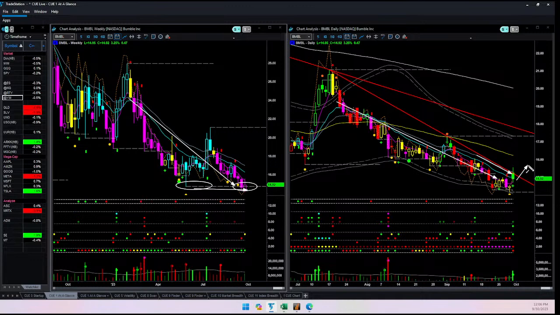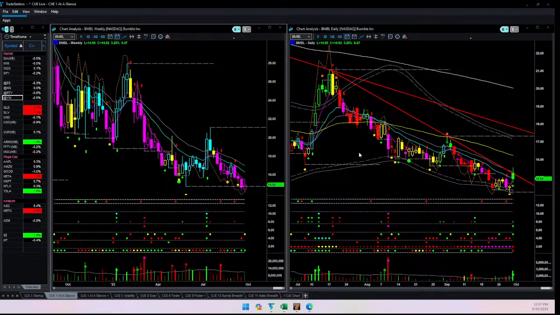I think if it breaks out of the daily trendline resistance, that will be a low risk buy point, BMBL. That pattern is what brought me to this stock, a high growth stock. We may keep an eye on this stock's industry also on Monday if the market goes up.